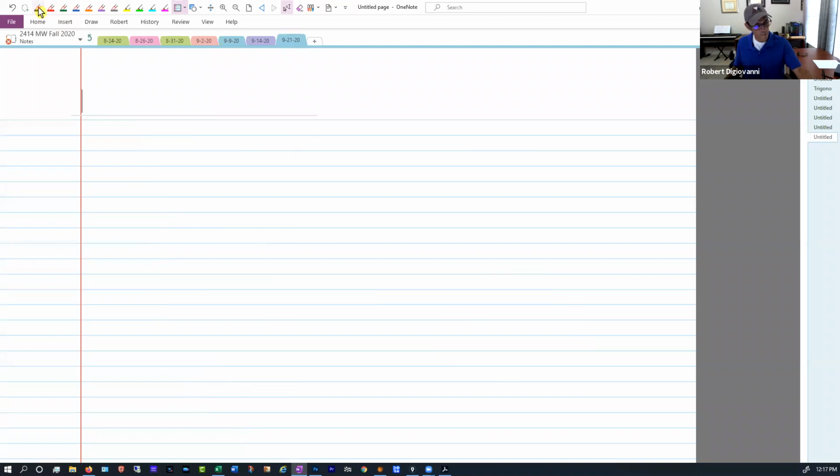Gonna make one up. How about cosine? Let's just go cosine to the 5th. So without bringing up the little cheat sheet of formulas, what do you think the approach is going to be on this?